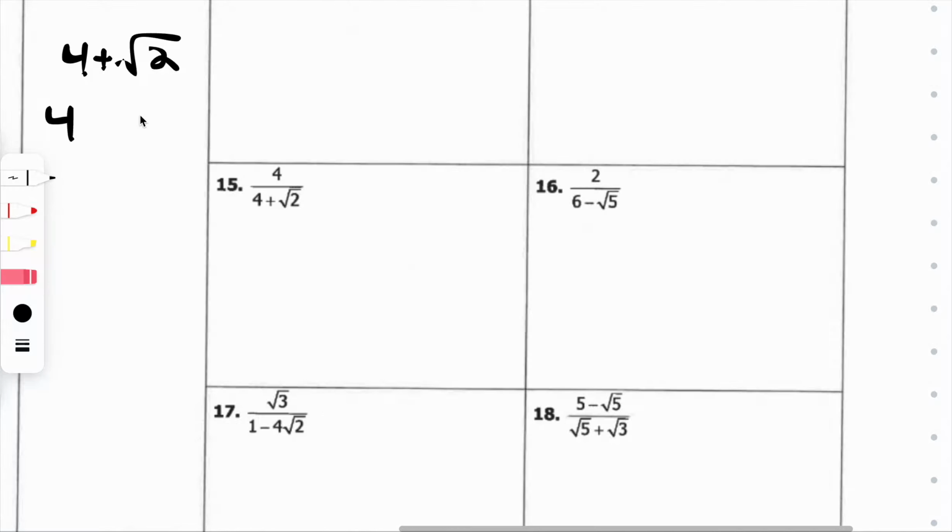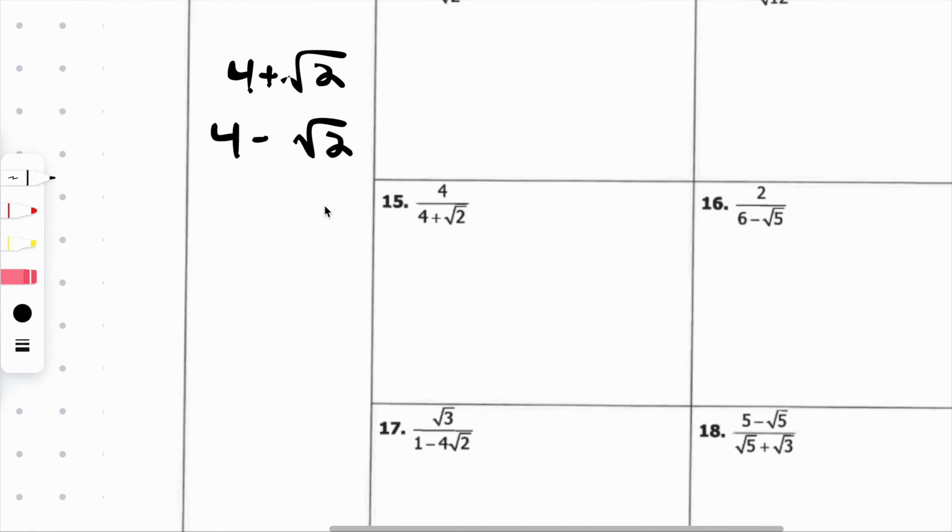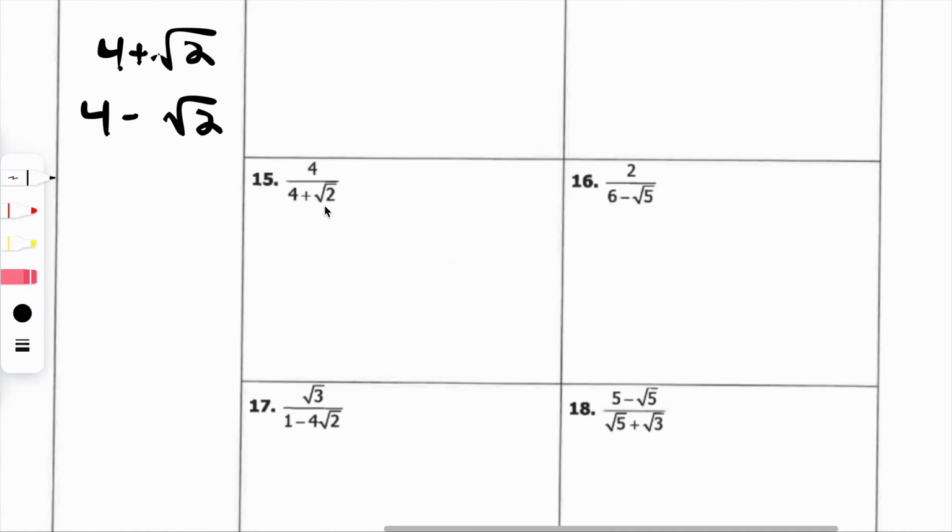That means we're still going to have 4 and root 2, but now we're going to have a minus sign. If you remember from before, this was a while back, the whole point of conjugates is we're not going to have a middle term. We're going to have no b term, which, if you think about this in quadratics, because this kind of shows up in quadratics too.